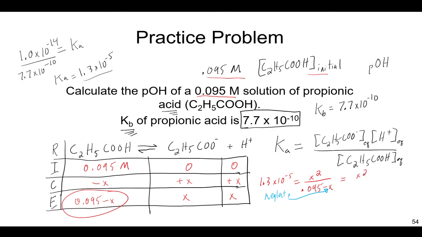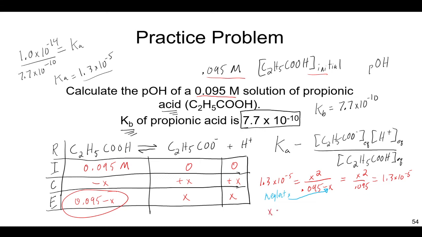So this equals x squared over 0.095. I'll check that assumption later, of course. But now this is easy to solve. I've just written this over here to make it more clear how I'm going to solve this. Multiply both sides by 0.095 and take the square root.